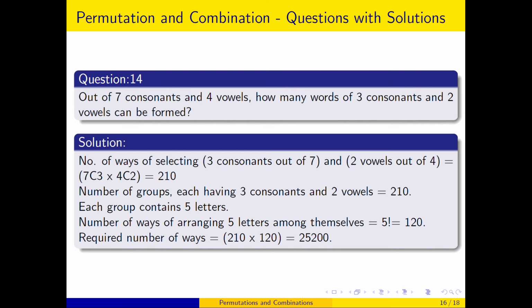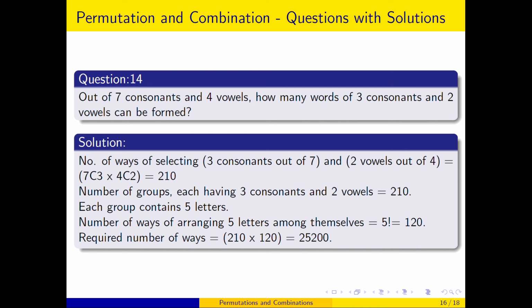Out of 7 consonants and 4 vowels, how many words of 3 consonants and 2 vowels can be formed? The number of ways of selecting 3 consonants out of 7 and 2 vowels out of 4 is 7C3 into 4C2, which is equal to 210. So the number of groups, each having 3 consonants and 2 vowels, is 210.